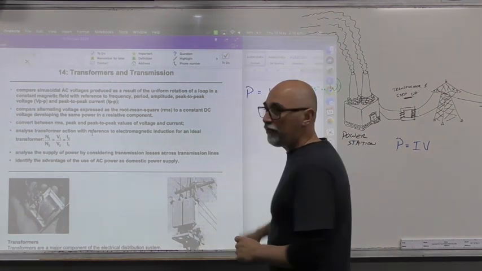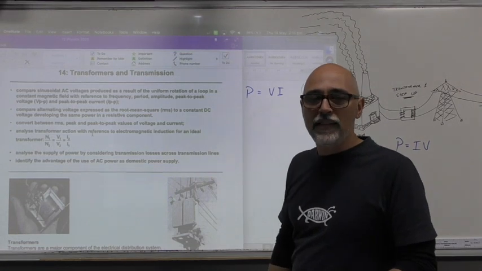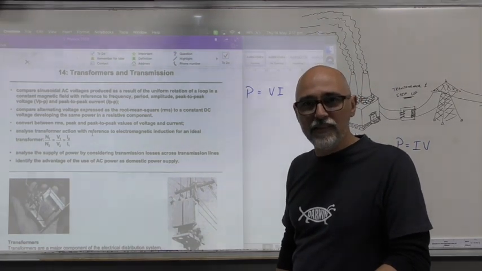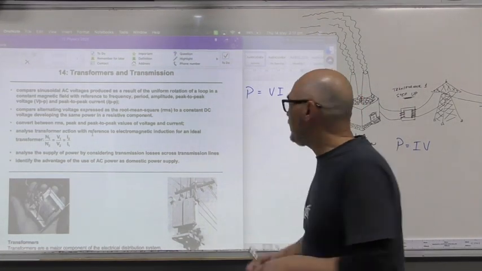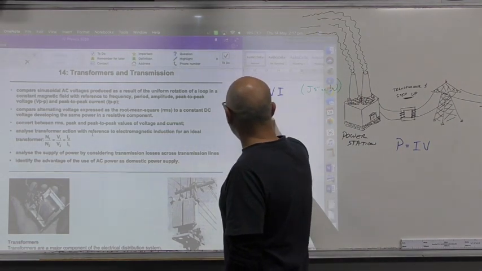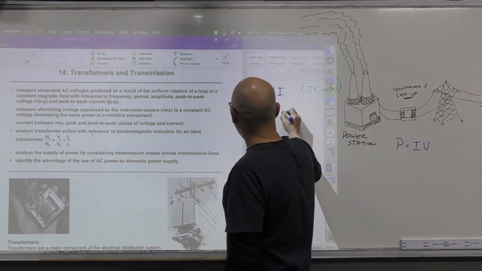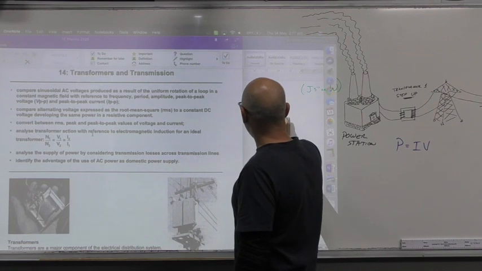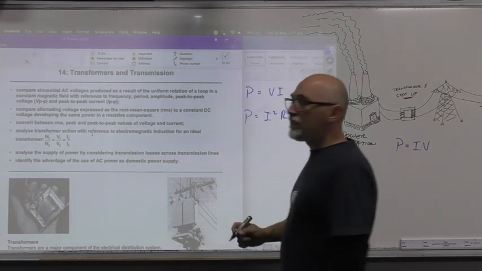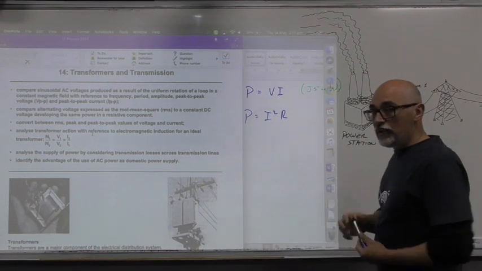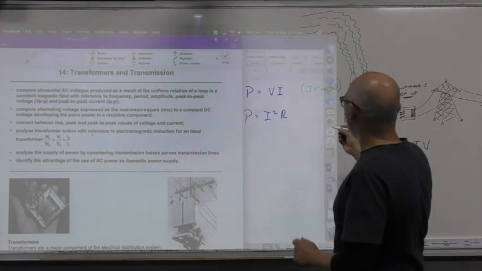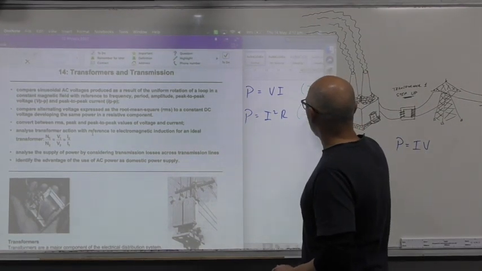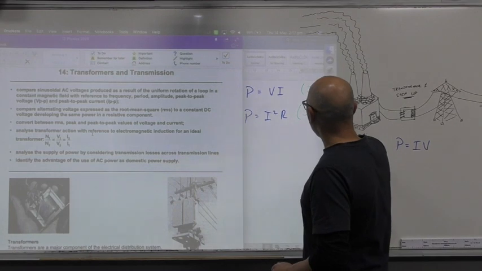And we use this often in our calculations for stepping up and stepping down voltages as per the current. And then this formula here, I squared R, we usually use it to calculate, and again, it's in joules per second or watts.